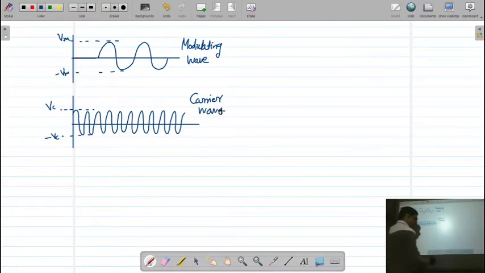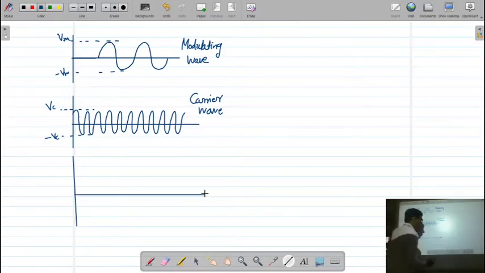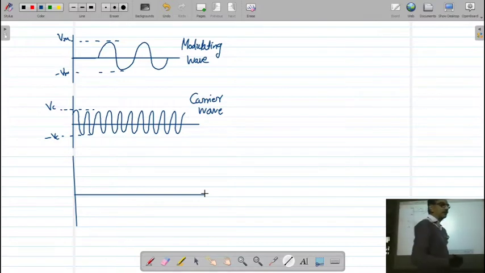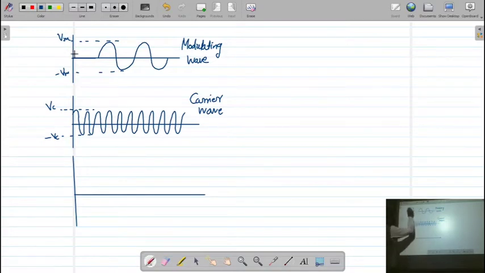Then after the modulation, whatever wave is generated is very important for us, because here we use a graphical method for calculating the modulation index. Now you can see that during this period there is no information. It means the modulation will not take place during this period.